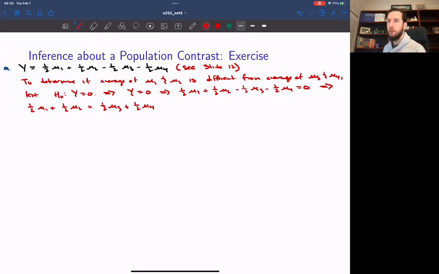Essentially, we want to compare the average of mu1 and mu2 to the average of mu3 and mu4. So the contrast being equal to 0 results in the average of mu1 and mu2 being put against the average of mu3 and mu4. This contrast is allowing us to compare the averages of the depths that we are interested in.